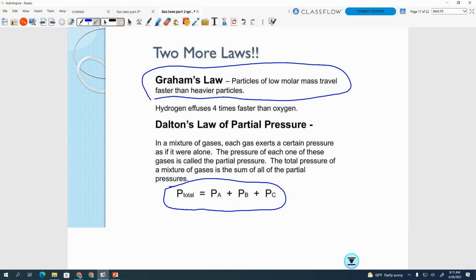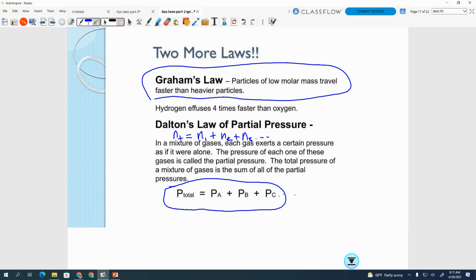Dalton's law can also be related to moles, so that the total number of moles is equal to the sum of the moles of materials in it. All right. So now we can extend those for as many types of particles that we have.